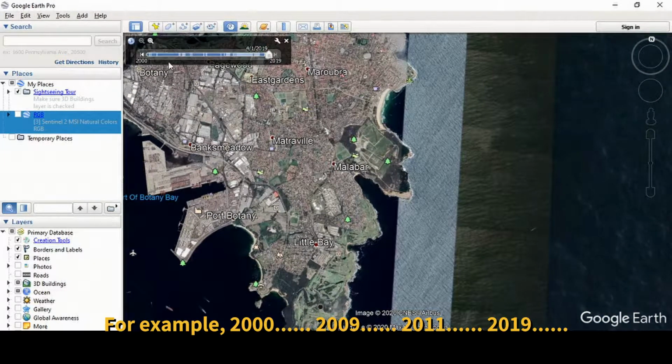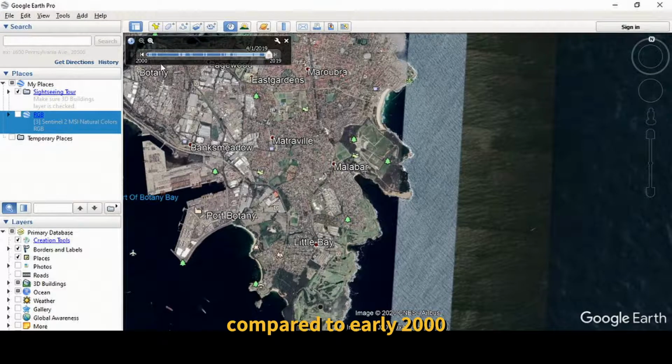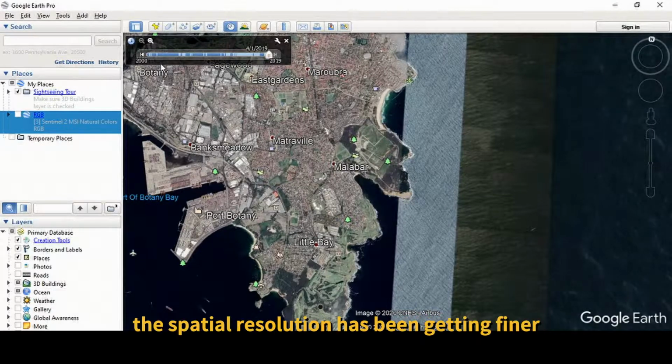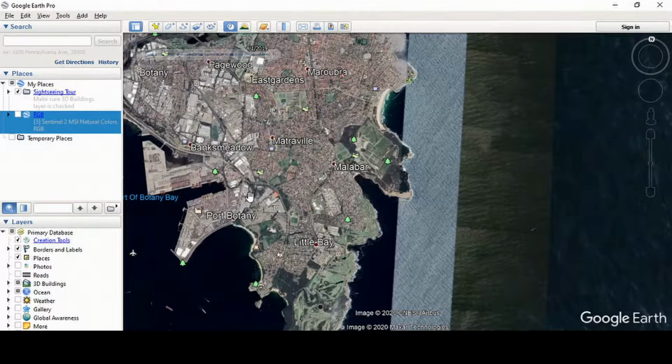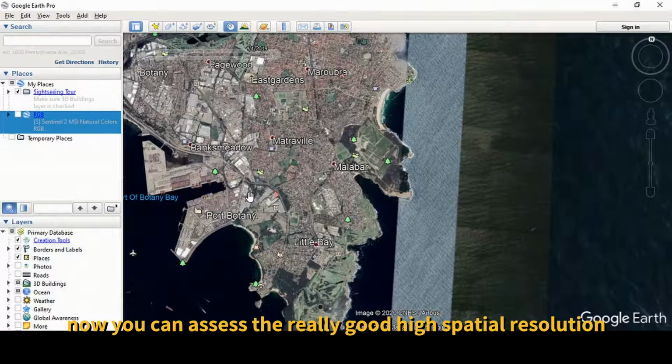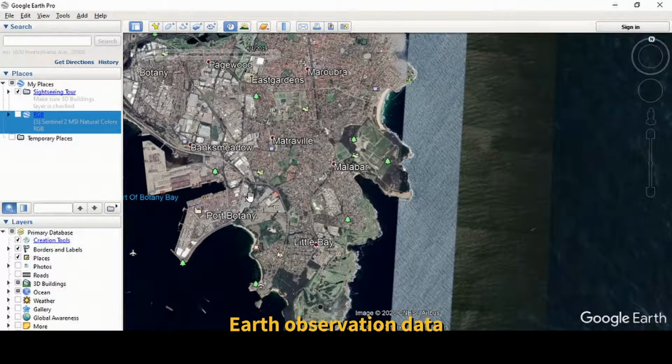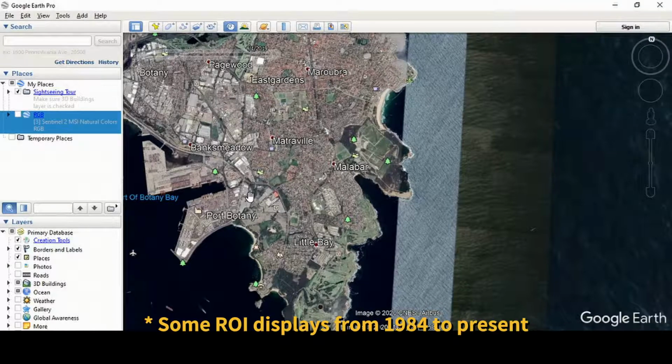Compared to the early 2000s, the spatial resolution is getting finer and higher and higher, and you can access really good high spatial resolution data. So that's something you find out already.